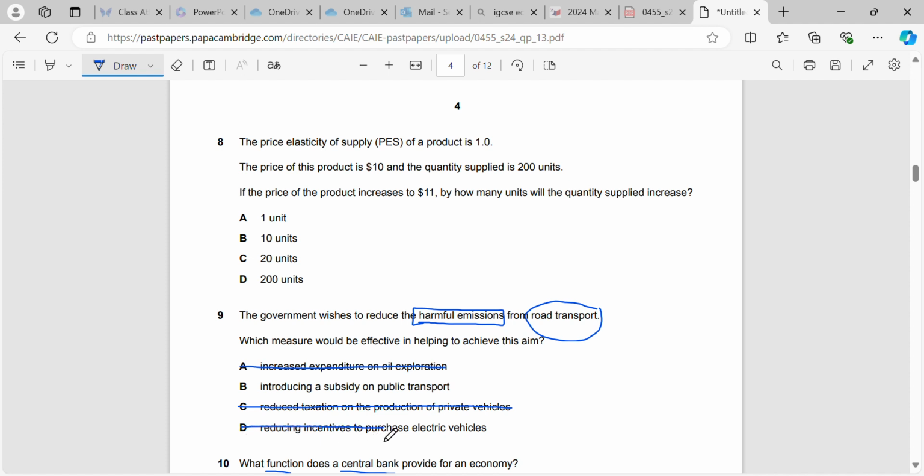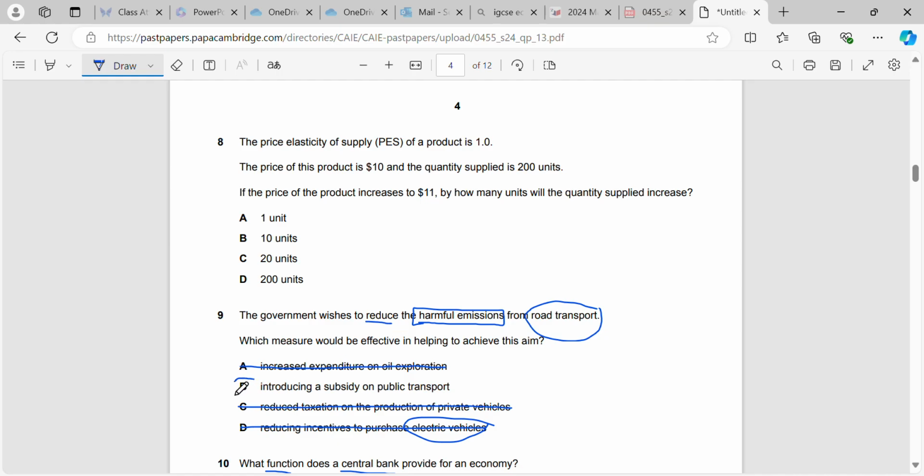Similarly, if we reduce incentive to purchase electric vehicles, we know that electric vehicles are better for the environment. So if we reduce subsidies, for example, for people to buy them, less people are going to buy electric vehicles, which means that more people will switch to buying vehicles that are harmful for the environment, so that will actually increase the emissions, not reduce them.